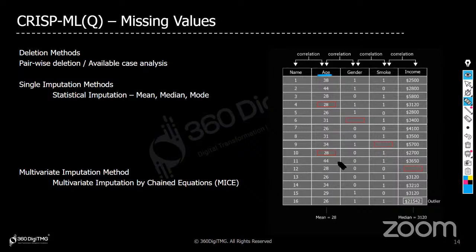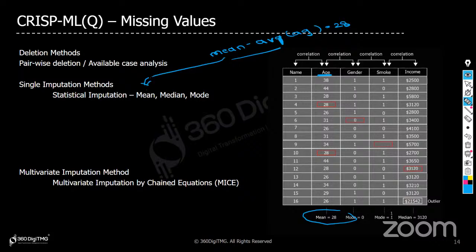For these missing values, I have gone with mean imputation, which means I have calculated the mean for the age column, which is nothing but the average of the age column, and I got the output as 28 or something. And wherever the values are missing in the age column, I replaced them with the mean value. That is called mean imputation. So there are a lot of imputation methods present. Out of those, the first one is statistical imputation. Within that, we have the age column in our sample data set.